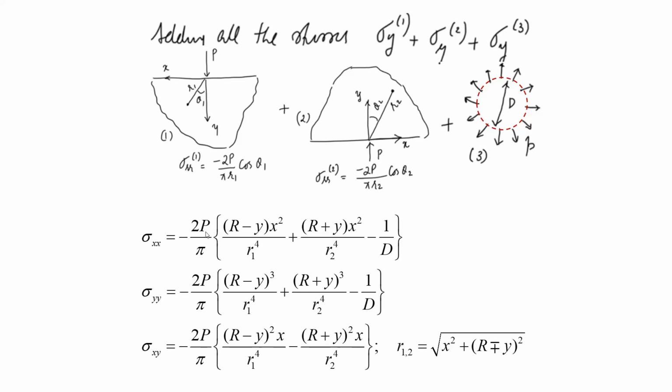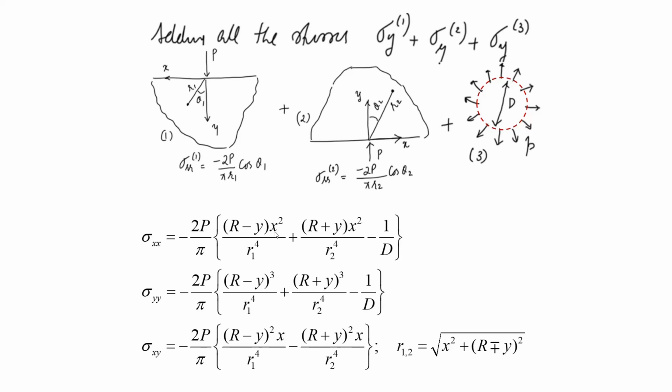Now I will request you to check whether this stress field satisfies the boundary conditions on the circumference of the disk. It's very simple. On the circumference of the disk, you can replace y with r sin theta and x with r cos theta, and then you will see that all three stress components, sigma xx, sigma yy and sigma xy, vanish on the circumference.